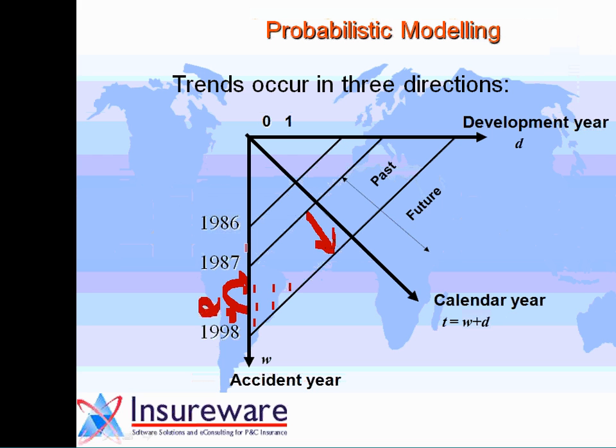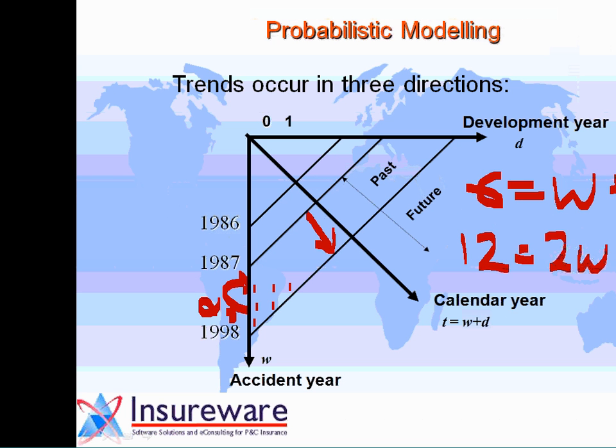Your normal equations aren't solvable if you've got too many parameters relative to your number of points. You're going to end up with something like 6 equals w plus d, and another equation down here with 12 equals, say, 2w plus d, and you can't solve those equations with one set of solutions.